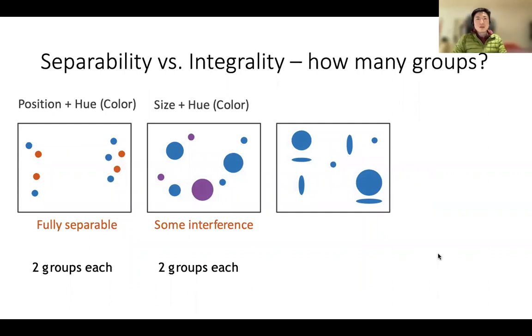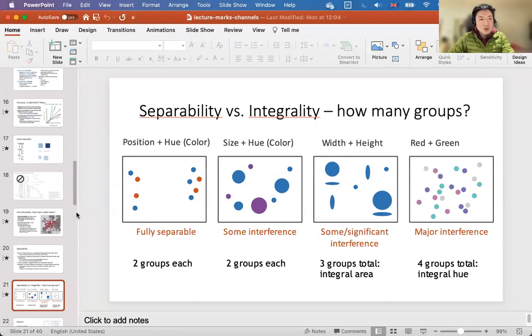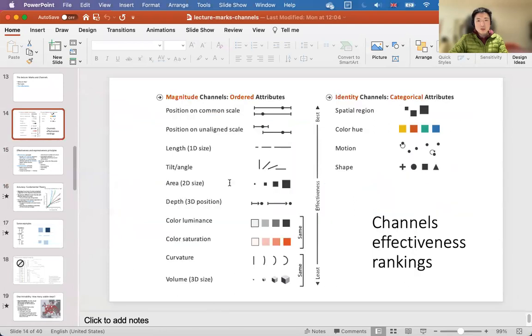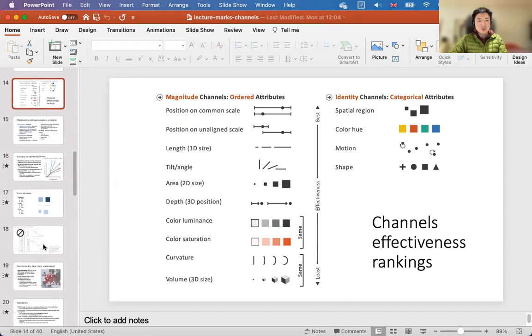Here, again, I just want to repeat, we have to use the terms we used before. So we have to use one of these: position, lens, tilt, color, motion, or shape.